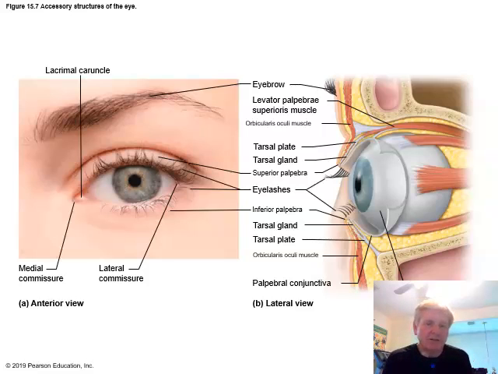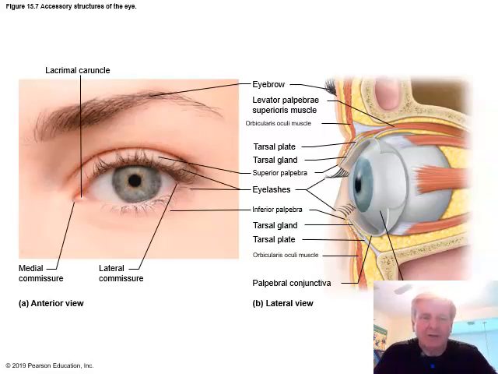This next view is basically the picture of the external anatomy of the eye. Of course, the eyes are protected by your eyebrows. That prevents the sun's glare and prevents objects from entering. Of course, you have your eyelids, which are protective.